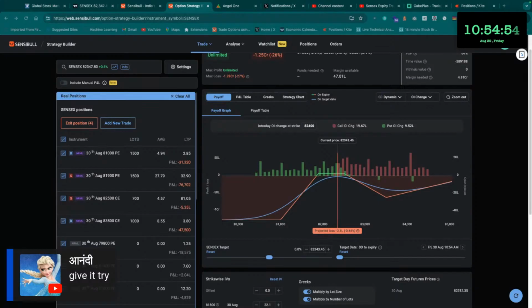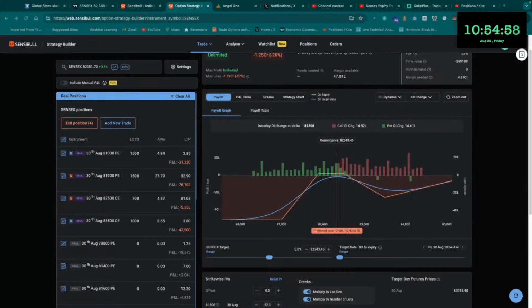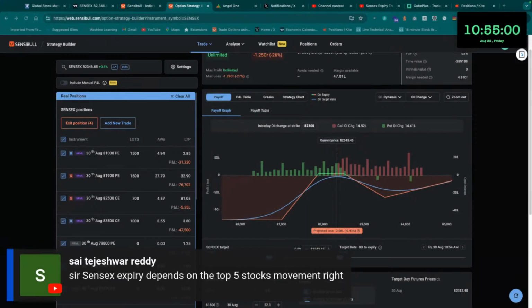I tried. In the index, typically you have HDFC, Reliance, Infy, I think TCS, and then probably L&T. I'm not able to recollect the fifth one. All these five. You were right, Sai.